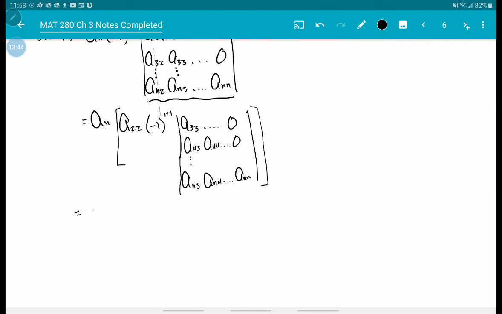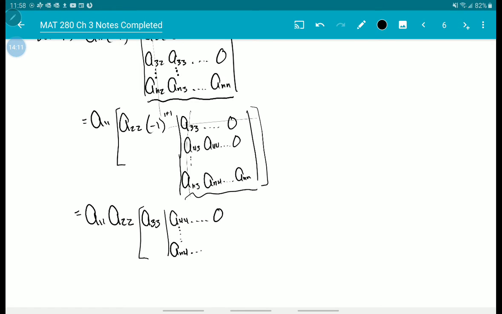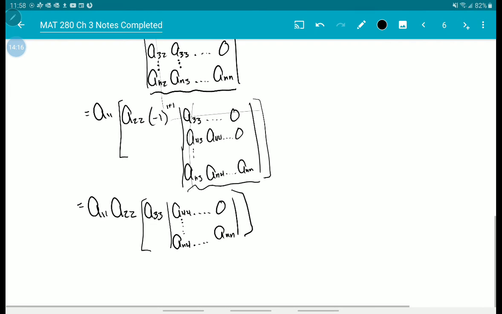So you can see how the process is just going to keep continuing here. Then if we wanted to find this determinant, it would be a33 times the determinant of that guy, a44, 0, an4 to ann.